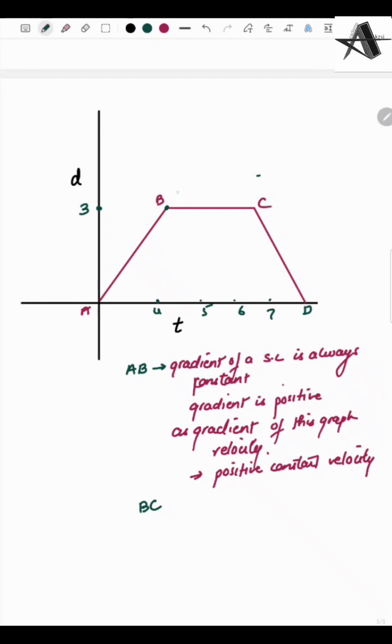This point is 4, 3, this point is 6, 3, this point is 7, 3. You can clearly see that from B to C the time is increasing, but displacement is exactly the same. It's not changing at all, which means that it is stationary. So this is a stationary point, or simply you can say not moving.